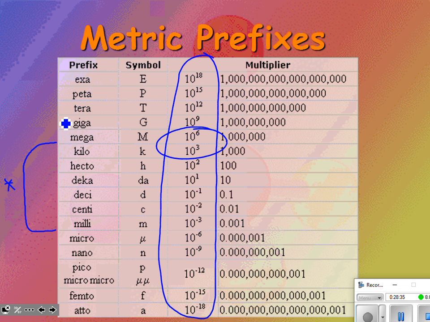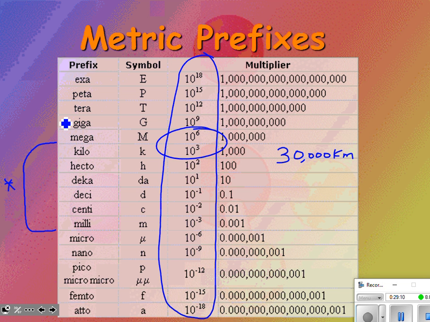All right? 3 jumps in between those two. And you can notice as we get down here to the smaller ones, they're jumping by 3 also. So, if I am going to jump, let's say that I have 30,000 kilometers.